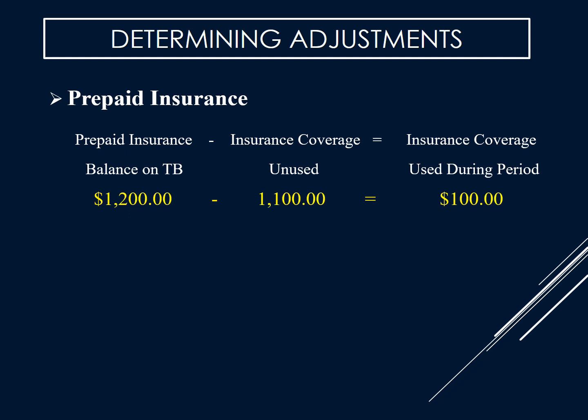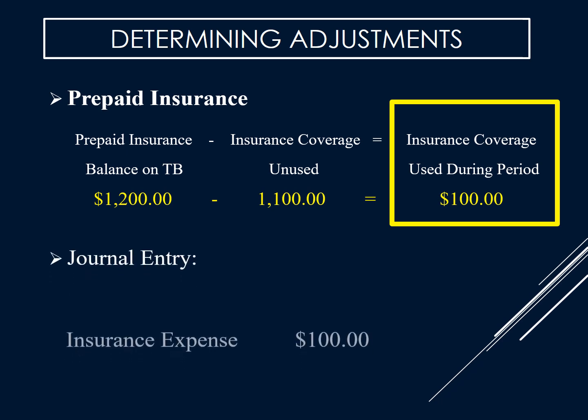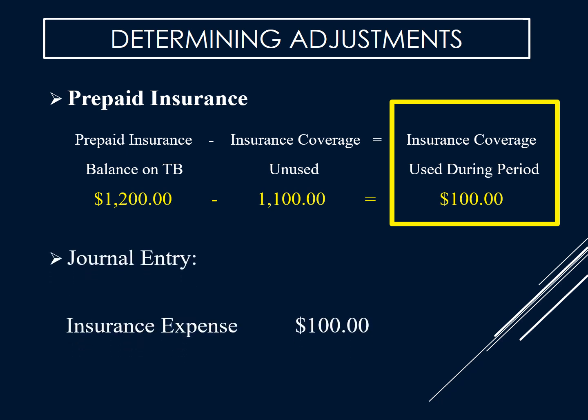The unused portion is $1,100. So the difference between the two is the $100. So the amount that has been used up or needs adjustment is $100. Our journal entry: insurance expense will be debited for $100. Prepaid insurance will be credited for $100.